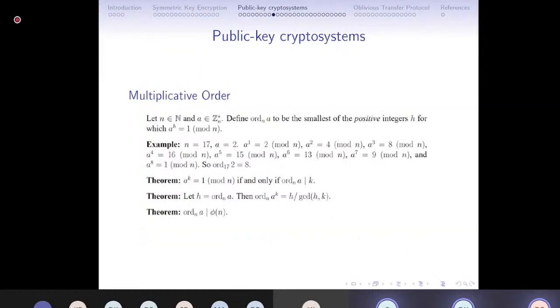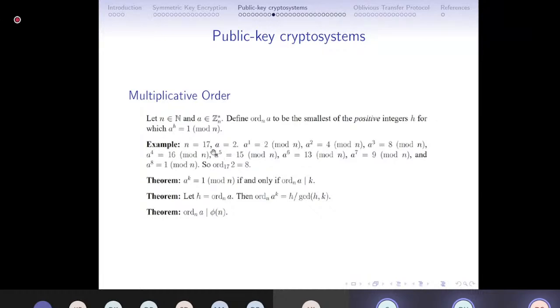Next one is multiplicative order. What is the order of an element? Suppose you raise a to some power h, and if it gives you 1 modulo n, that means remainder 1 when divided by n, then we say that the order of a is h.